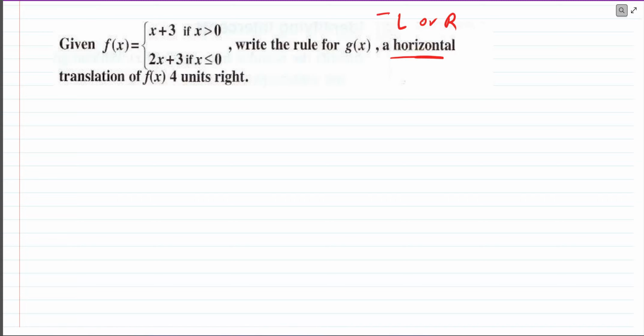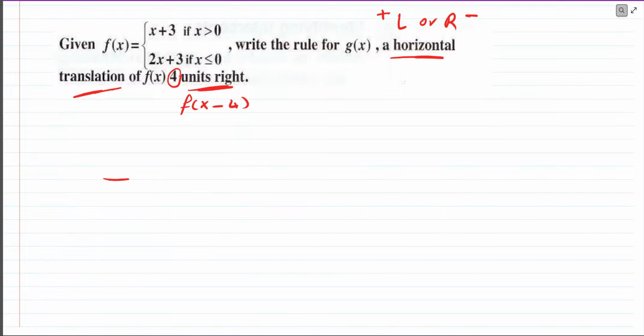For left we plus, for right we minus. The translation is 4 units to the where? To the left, to the right. So to the right means we need to find f of x minus 4. Since it's horizontal, it's going to be inside, and since it says to the right, we will find f of x minus 4.